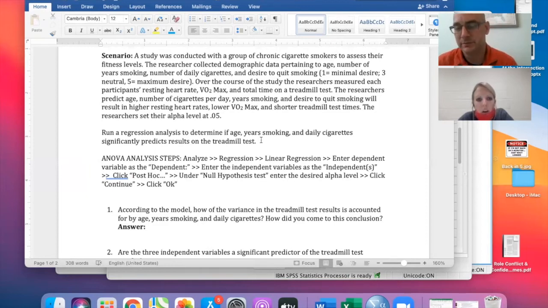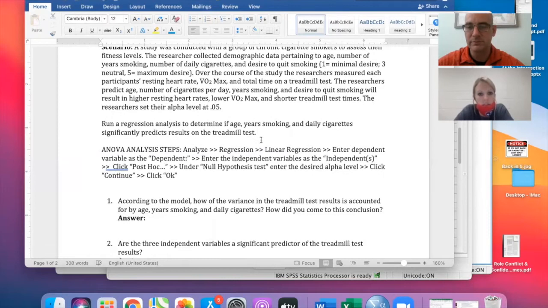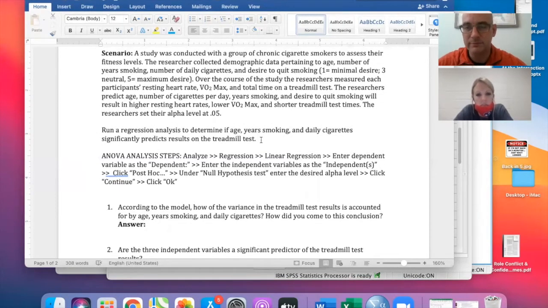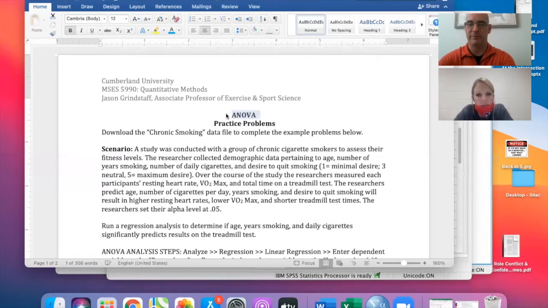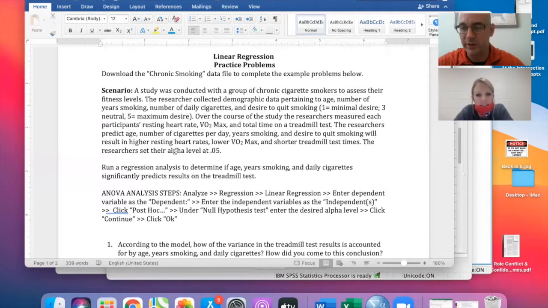Our outcome is the results from the treadmill test, and age, years of smoking, and daily cigarettes are the independent variables that are going to predict the results. I just confused myself. This is a linear regression question. We'll get into ANOVA in just a little bit. My brain's scattered. This is a linear regression.